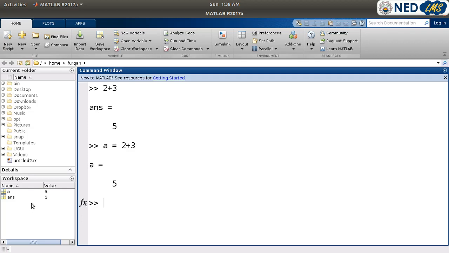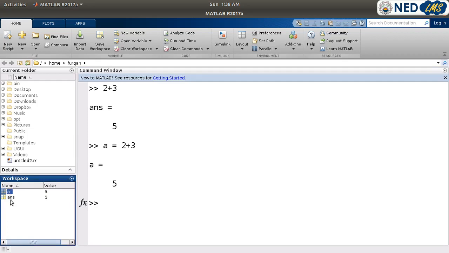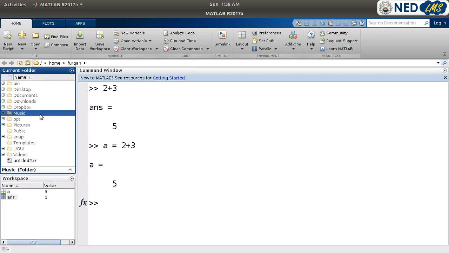This window, named workspace, lists all the variables declared and used so far. We have declared and used variable a, and we have used the variable ans. The window named current folder represents the current working directory of MATLAB.